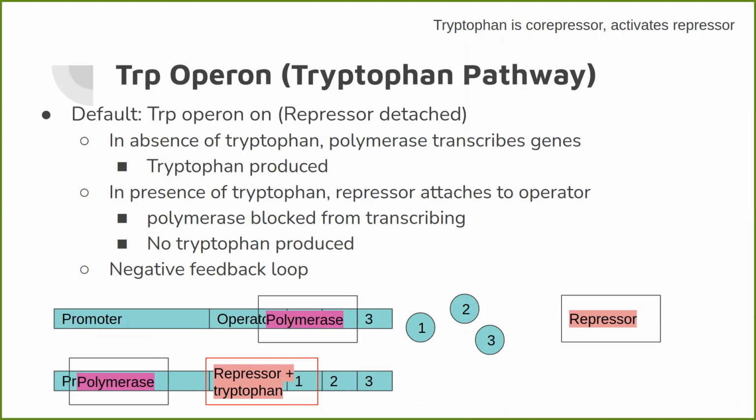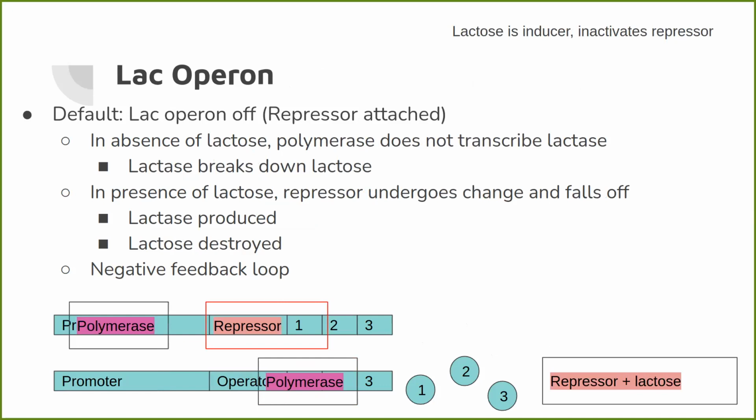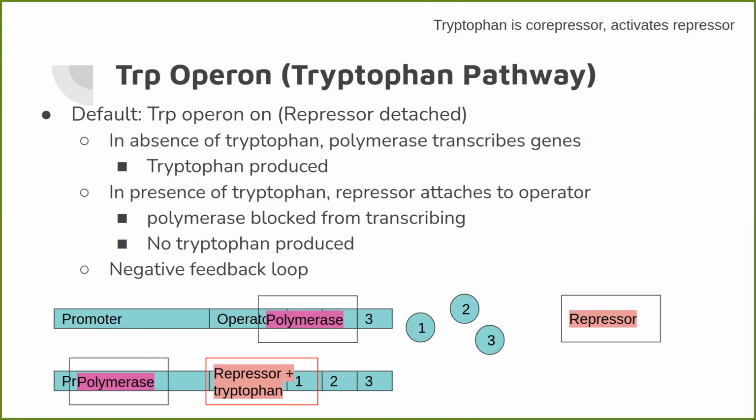In some questions, I think once in the past that Yusuf has also asked this, you need to know what the co-repressor and inducer terms mean and what they do. So yeah, the clear example of the differences are from those two operons. Right? Inducer inactivates and co-repressor activates.